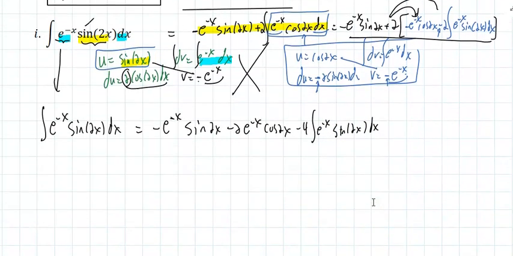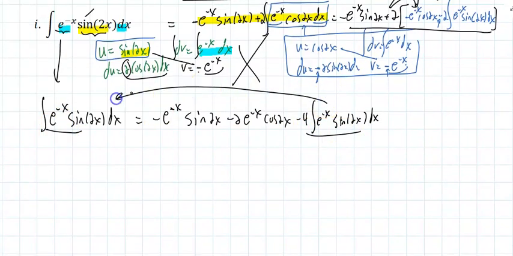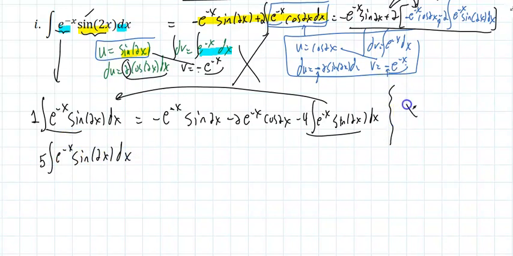Now, do you notice that this and that are exactly the same? If I move this to the left, I have one of those. When I move this to the left, it becomes a positive. Plus 4 of those. Isn't that 5 of those? That's kind of like me saying x equals c plus d minus 4x.